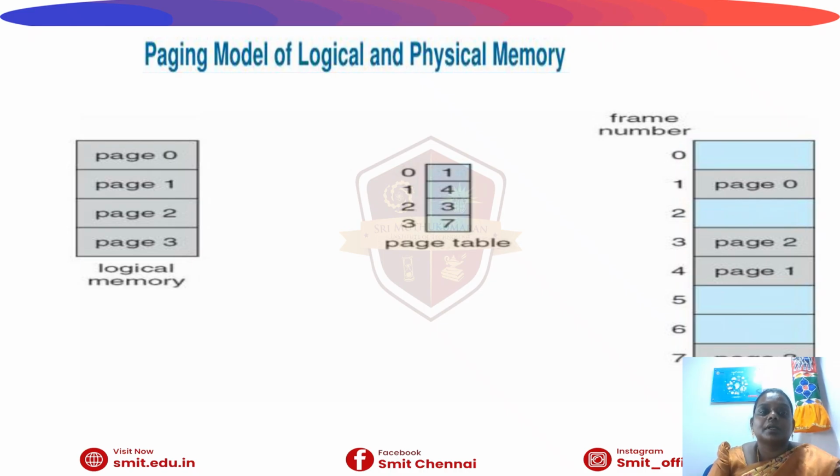Here the logical memory is divided as page 0, page 1, page 2 and page 3, and the page table has 0, 1, 2, 3 as page numbers, and the frames are 1, 4, 3, 7. The pages need not be stored contiguously.